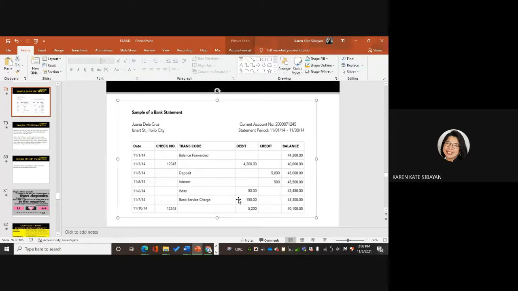Hindi nila alam na may in-explain sa kanila, or ignorante lang sila, or hindi nila talaga inintindi yung sinabi sa kanila ng teller na ang maintaining balance ng dapat nandun sa savings nila, if that is a savings, is 10,000 dapat. Meaning to say, every month, magbabawas niya ng 300. Eh, akala niya, umaangat pa yung pera niya. Tapos nag-withdraw pala siya. Hindi na niya na-maintain. So, yun po ang reason kung bakit na-zero out.